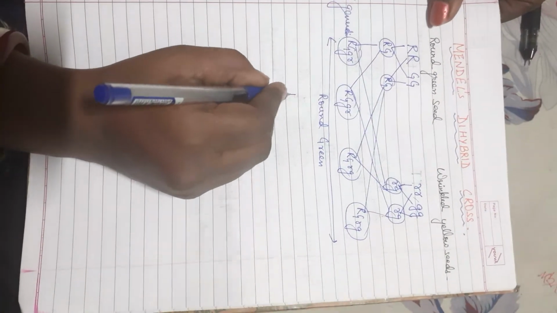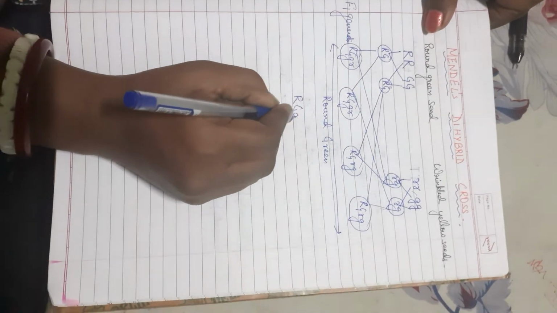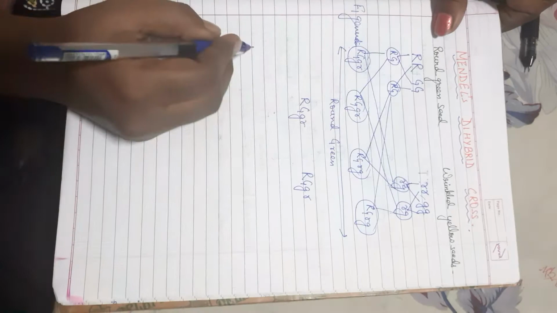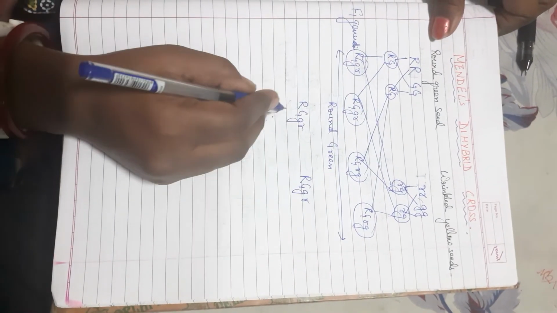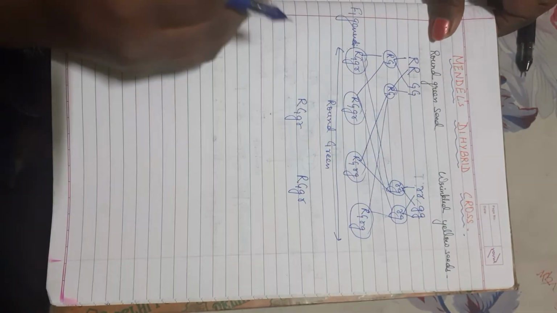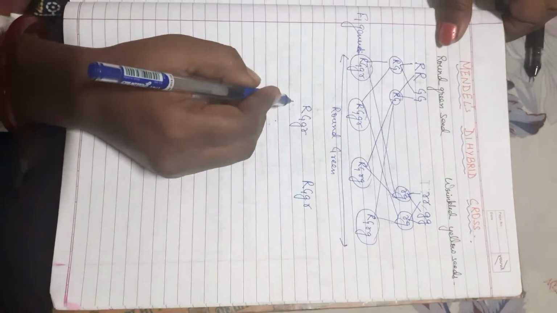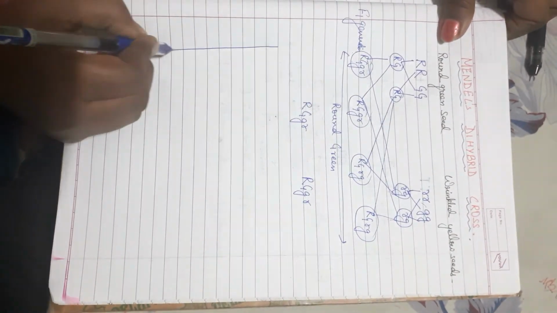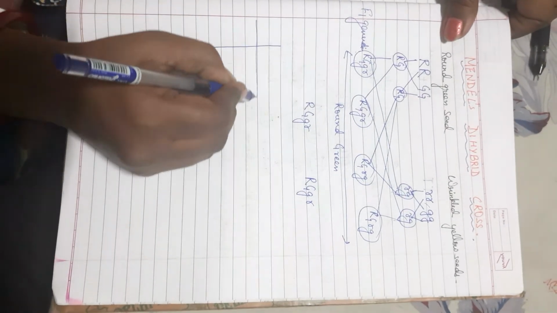But in the F2 generation, as Mendel has said, we have to take two of them from the F1 generation. But over here, how are we going to represent the characteristics? So what we do, we make a square.